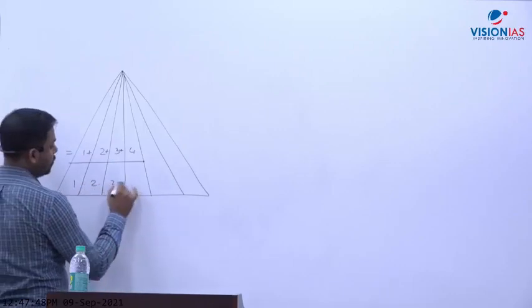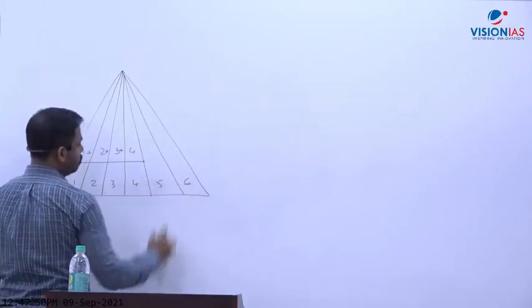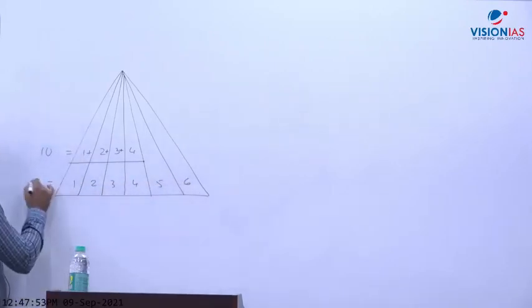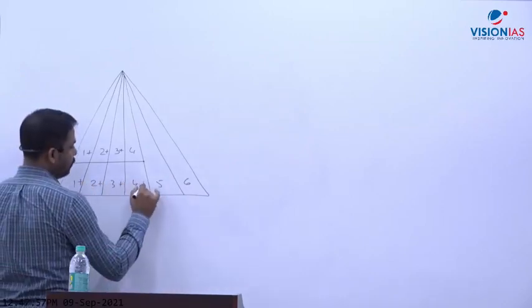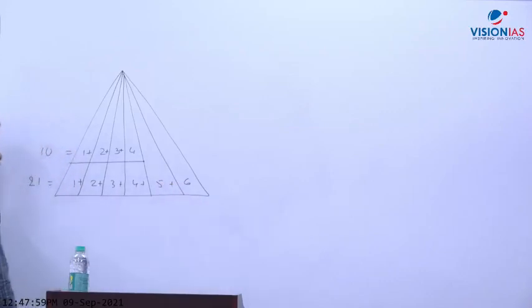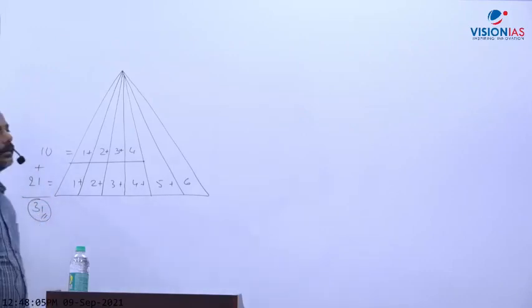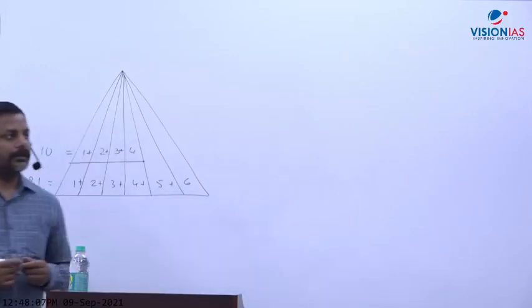And the baseline which is at the bottom, here we are getting 21. 1 plus 2 plus 3 plus 4 plus 5 plus 6. So the total is 10 plus 21, that is 31.